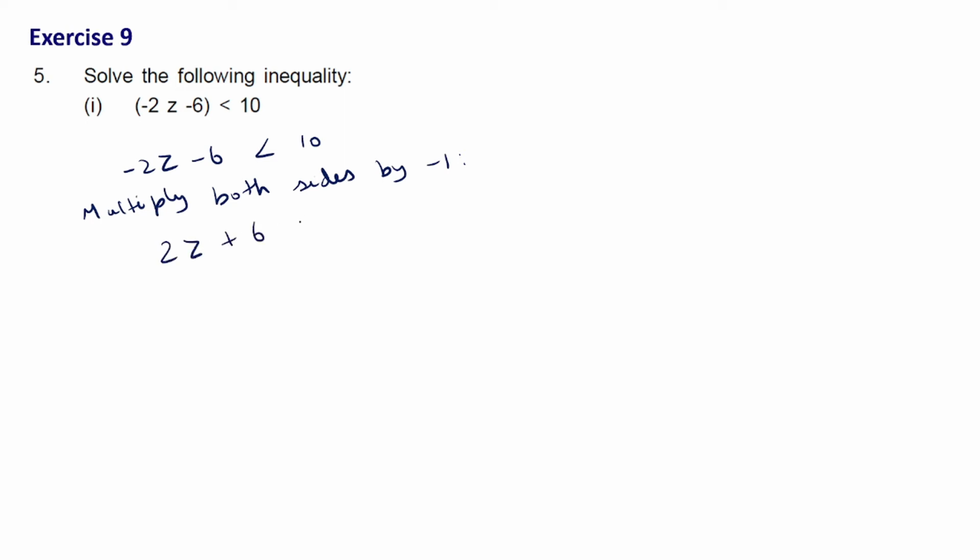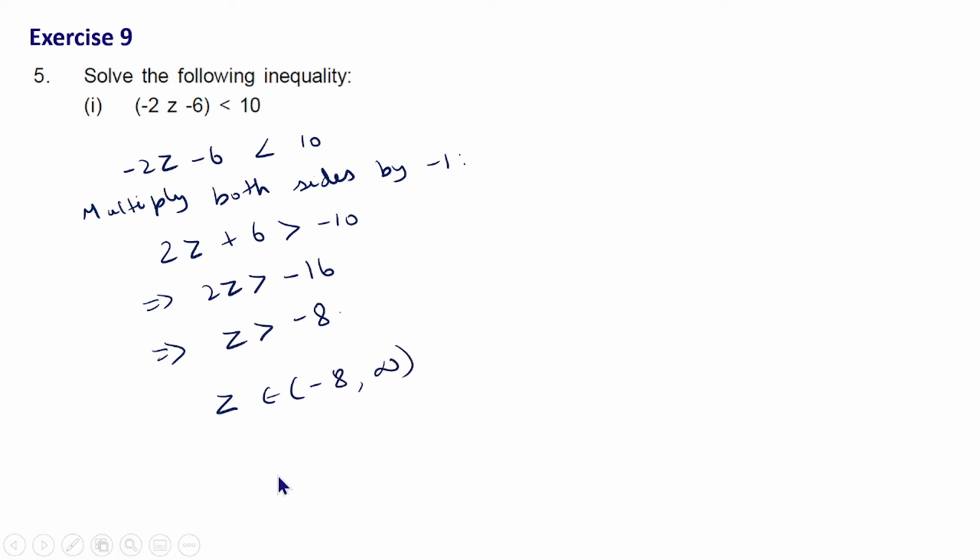So we get 2z plus 6 greater than minus 10, or 2z greater than minus 10 minus 6, minus 16, or z greater than minus 8. So we can either have z greater than minus 8, or we can write this as z belongs to open interval minus 8 comma infinity if z is a real number.